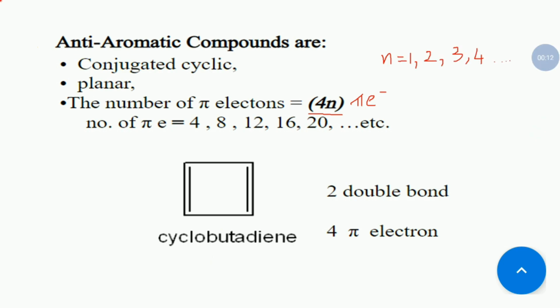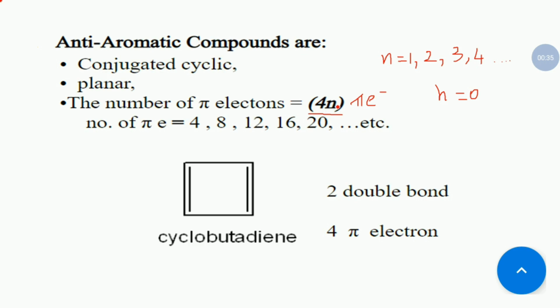In this case 0 is not possible. But why? If we put the value of n as 0, then 4 into 0, the total number of pi electrons becomes 0.